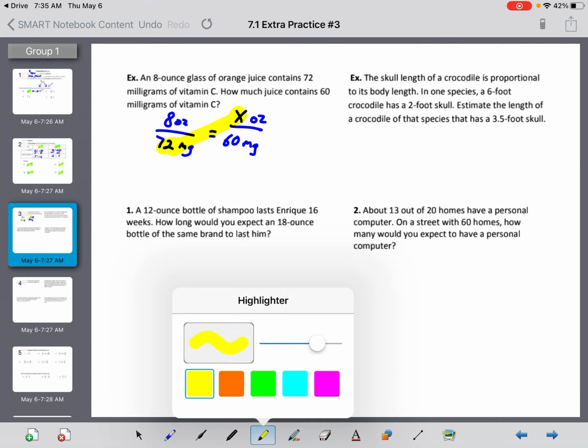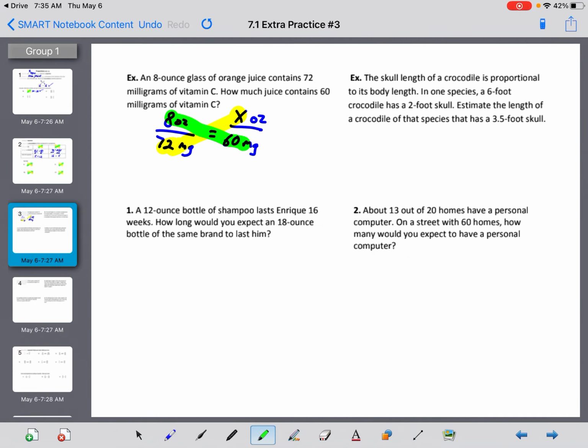So we have x times 72, and we have 8 times 60. So we get 72x equals 8 times 60 is 480. Divide both sides by 72, and x equals 480 divided by 72 is 6.6 ounces.